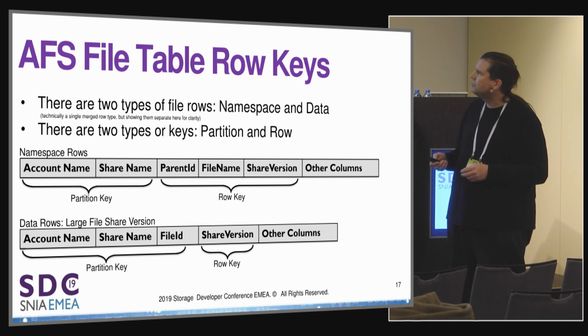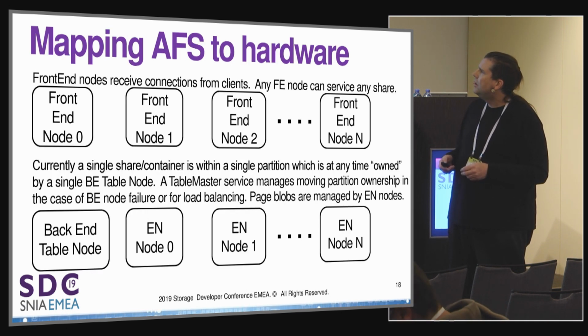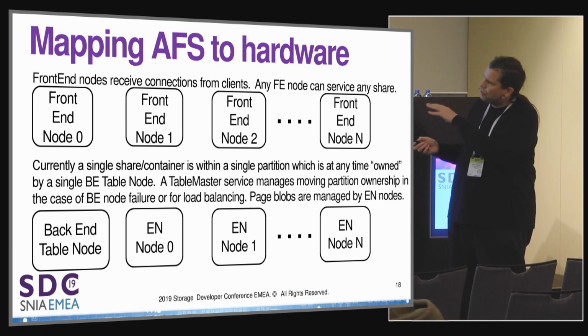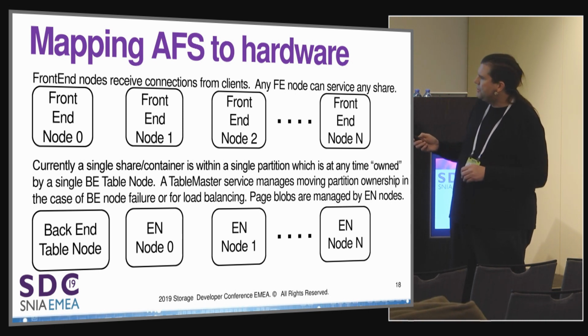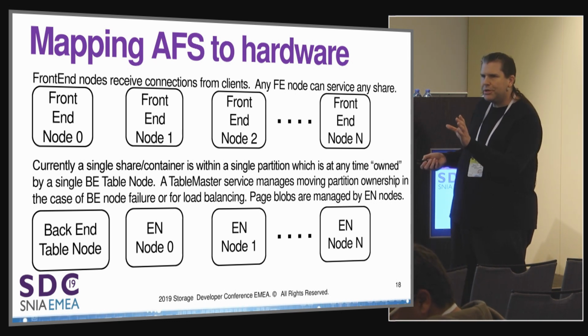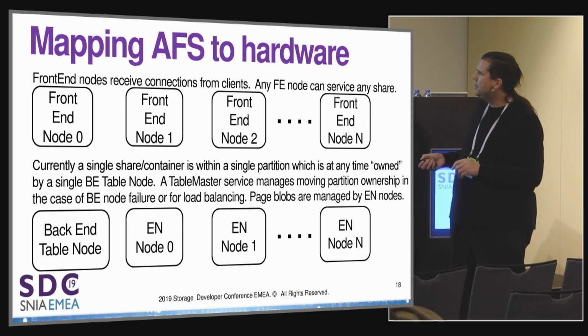This is how it currently is today. We have the front-end nodes that talk to this one back-end node, which is the node that owns that partition of the table, which currently is one share. And then these EN nodes are where the actual file data is stored.